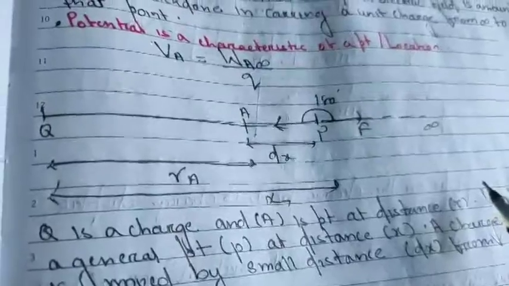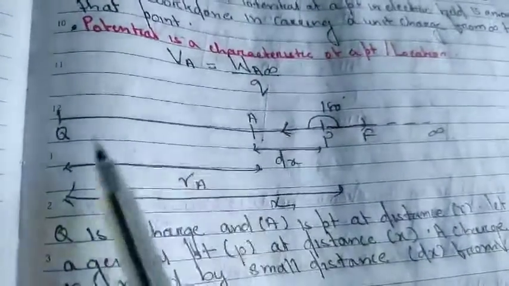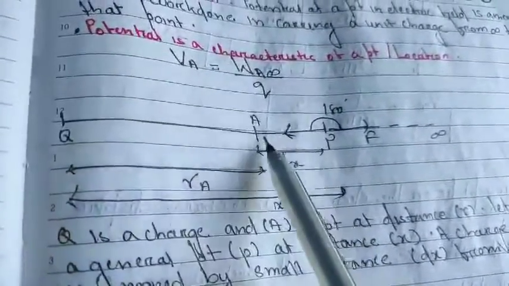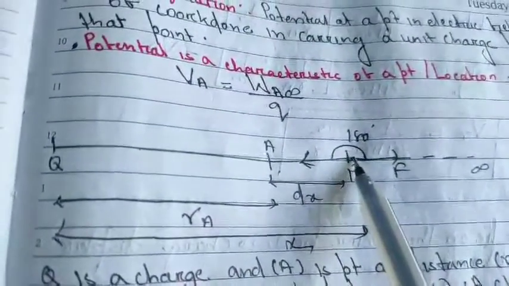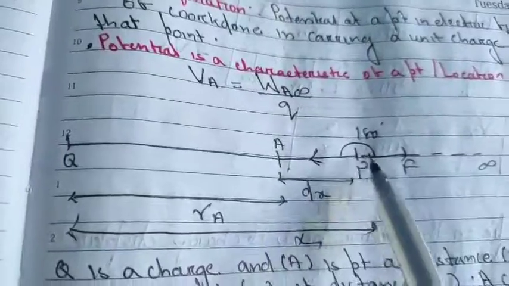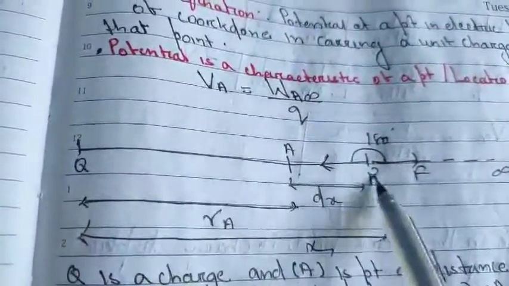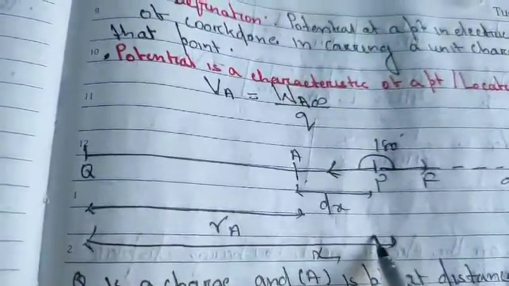Now what we have done it again. Here is the charge Q. Here is the point A, and P is the point where till now you are experiencing an electric field. Clear? So from Q to P the distance is how much? x.